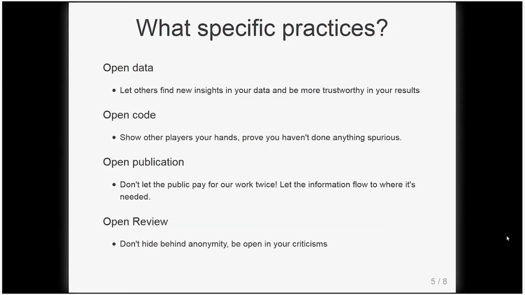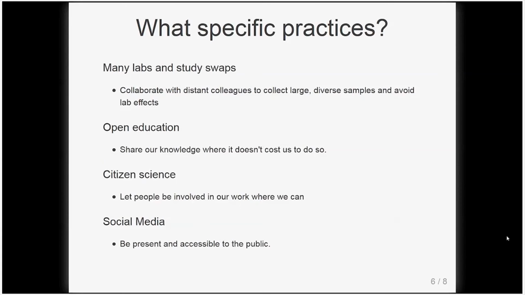Open publication or open access, making sure that everyone can read your papers, not just the people that are at an institution that can afford to pay the subscription fees. Open reviews, providing insight into who is making these criticisms of our papers and therefore making ourselves accountable to the things that we say and the ways that we influence papers that we review.